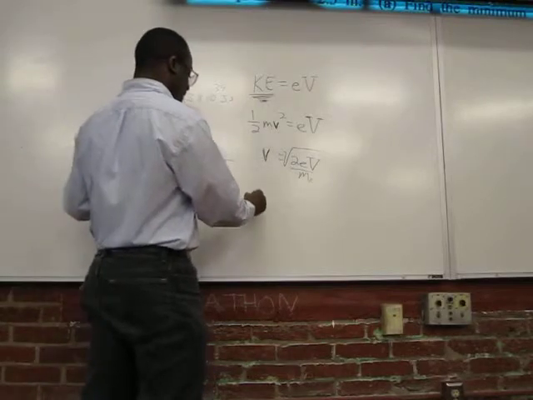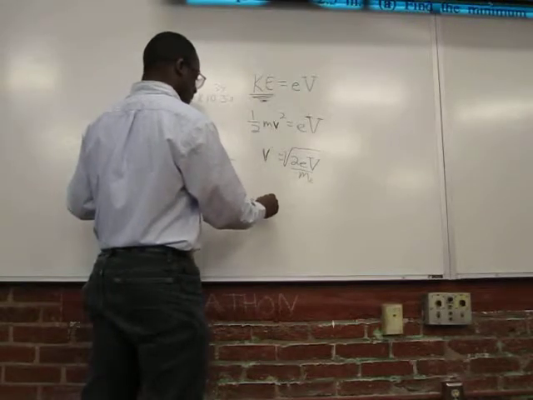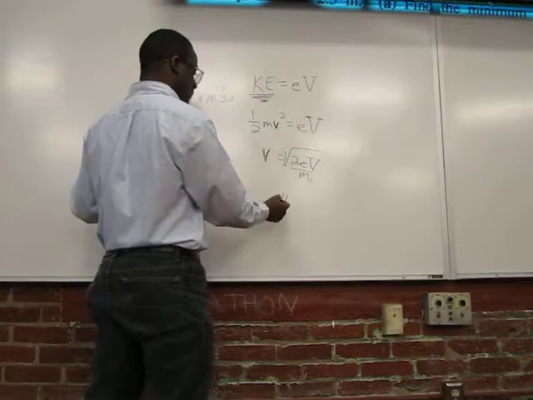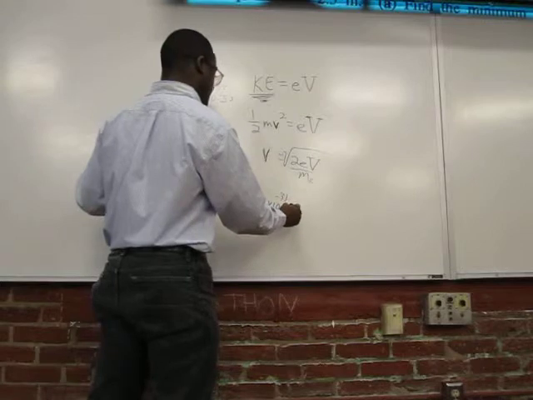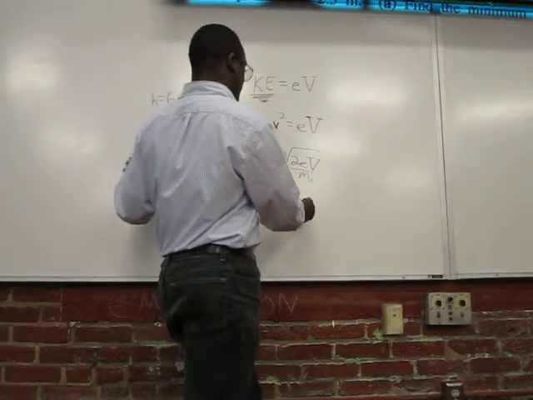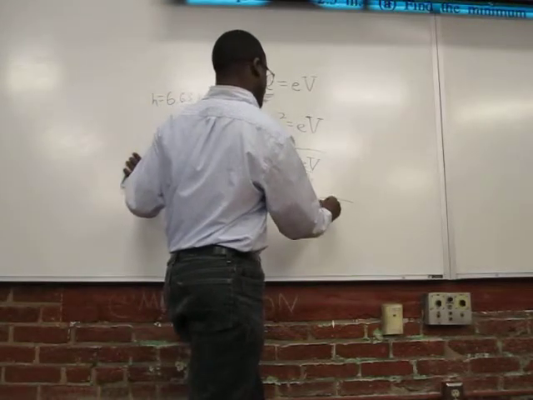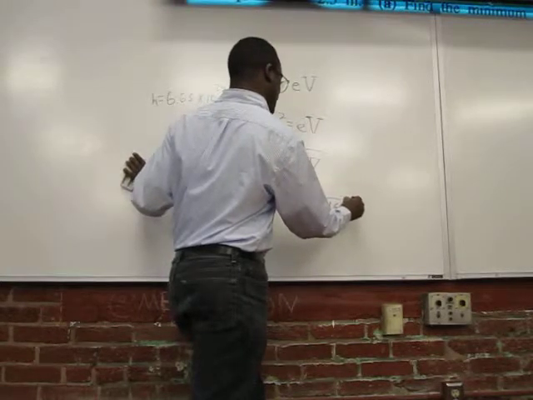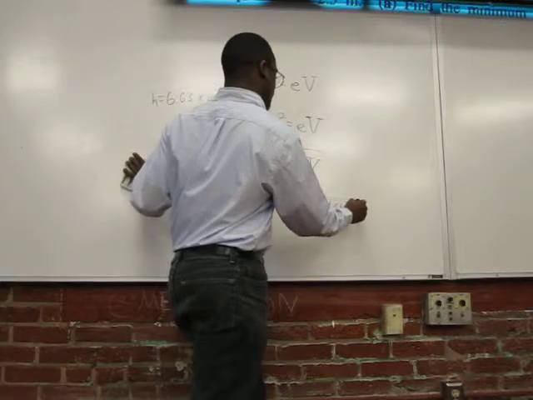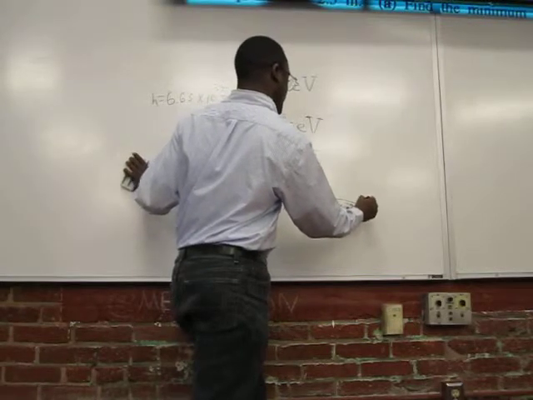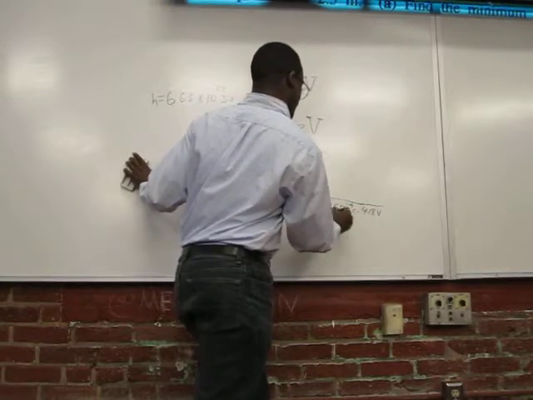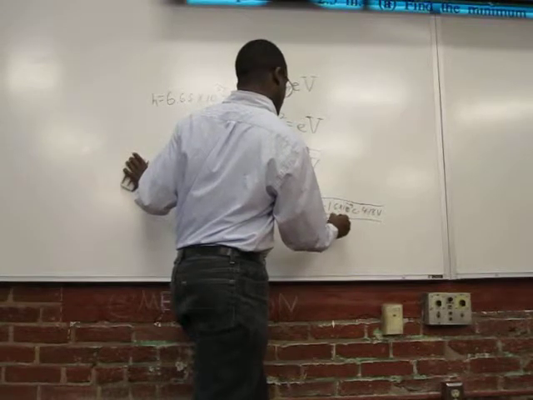So we have the mass of an electron, that's 9.1 times 10 to the negative 31 kilograms. And we have the velocity, which we just calculated, is the square root of 2 times the charge of an electron, which is 1.6 times 10 to the negative 19 coulombs, times our voltage, 400 volts, divided by the mass of an electron.